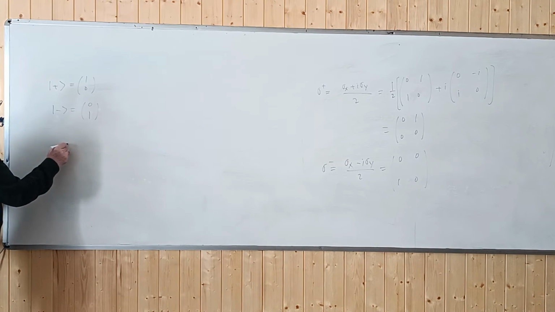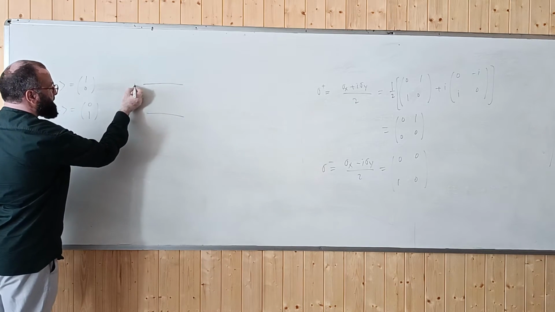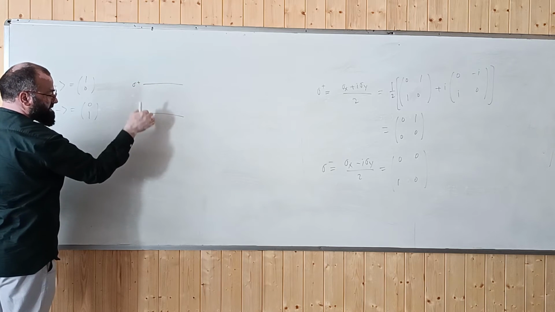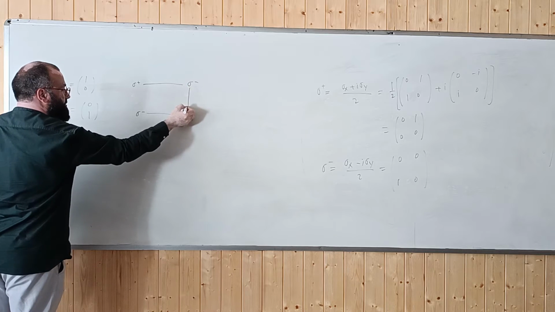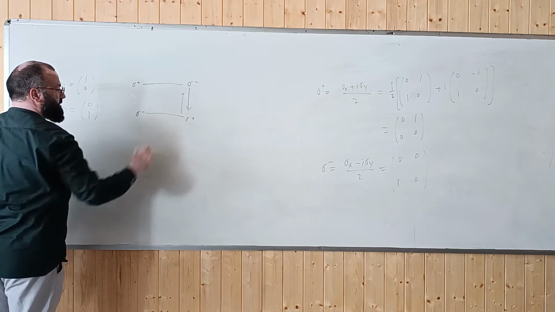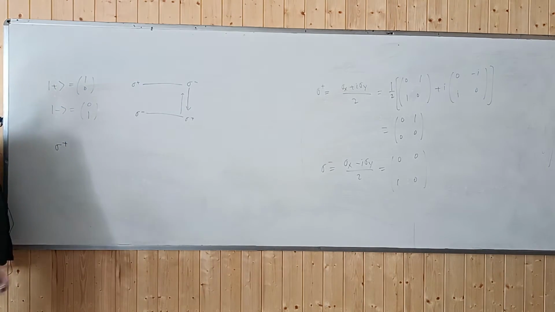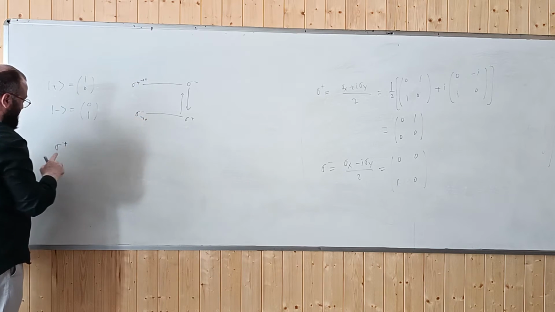So let's write sigma plus. You have only two possible levels. If I apply sigma plus on the up state, it will give you 0. If you apply sigma minus on the down state, it will give you 0. But if I apply sigma minus on the up state, it will give you the down state, and if I apply sigma plus on the down state, it will give you the upper state. Let's check.